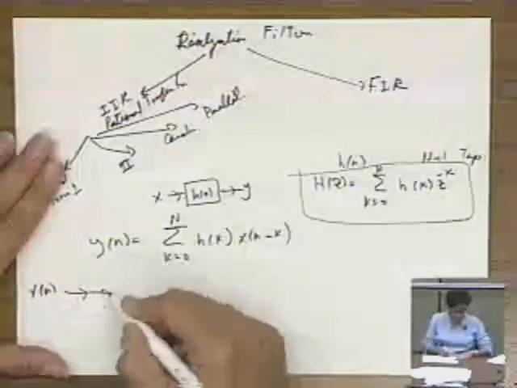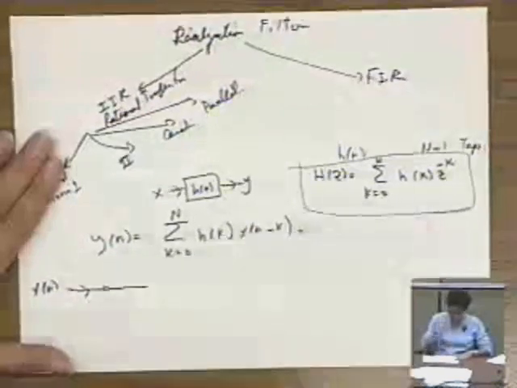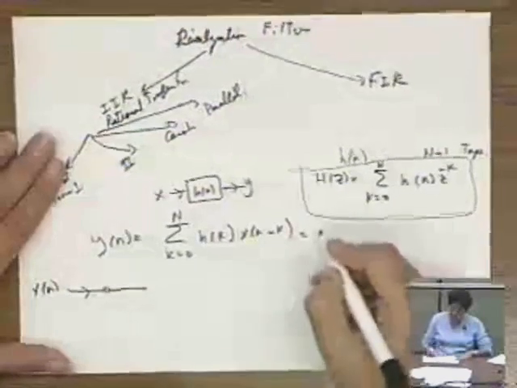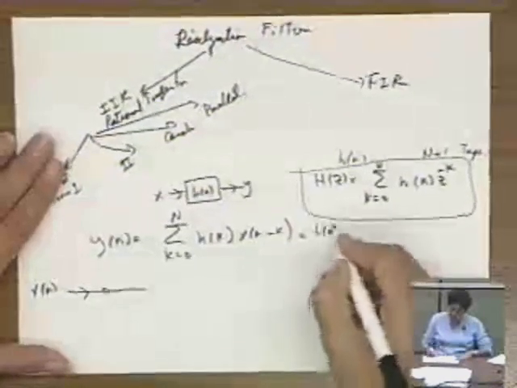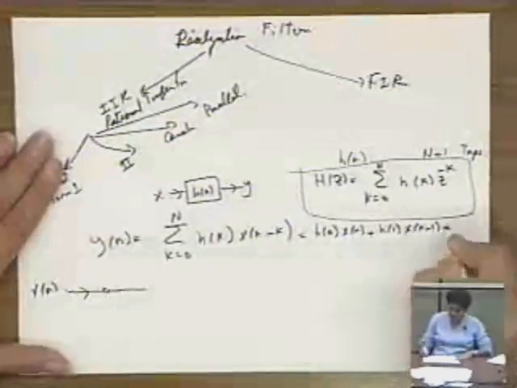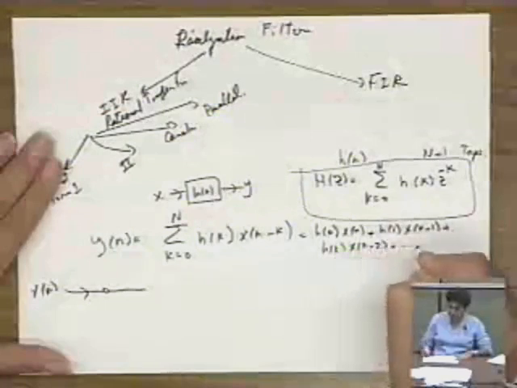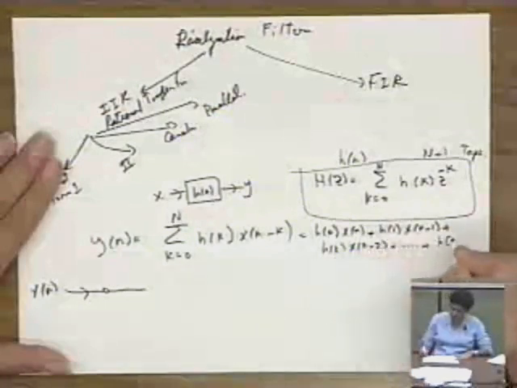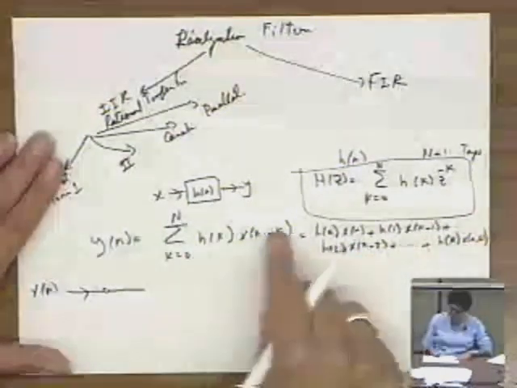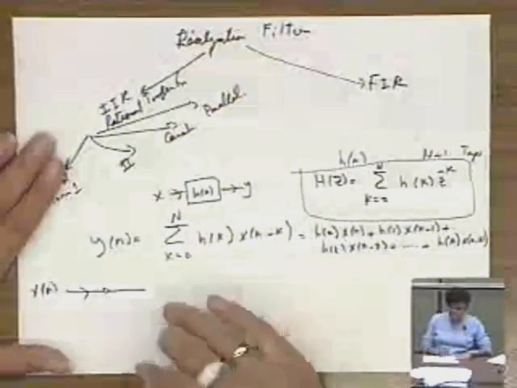You start with x of n, okay? The first thing that you do, well, let's expand this so that it's easy to understand. For k equal to 0, you get h of 0 times x of n, plus h of 1 times x of n minus 1, plus h of 2 times x of n minus 2, plus dot, dot, dot, all the way to plus h of capital N times x of n minus capital N. That's the expanded form of this summation.